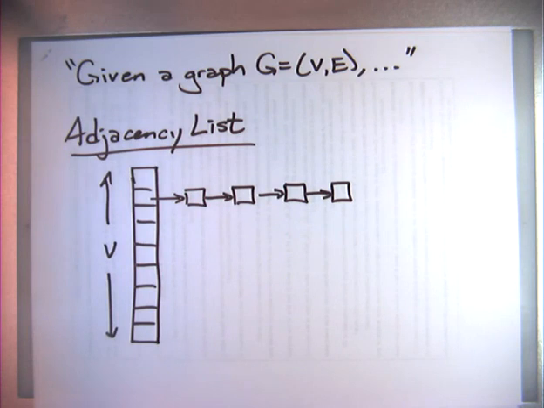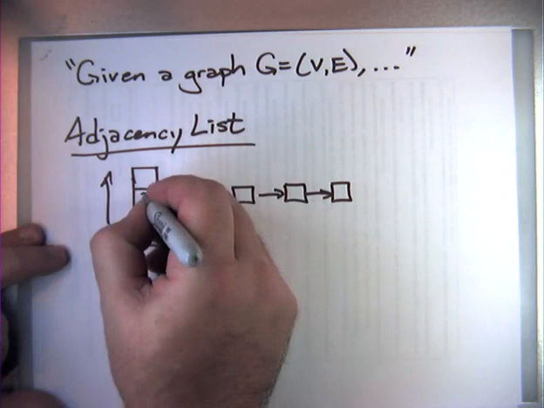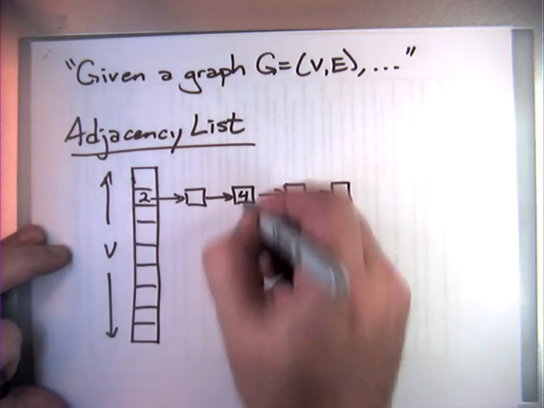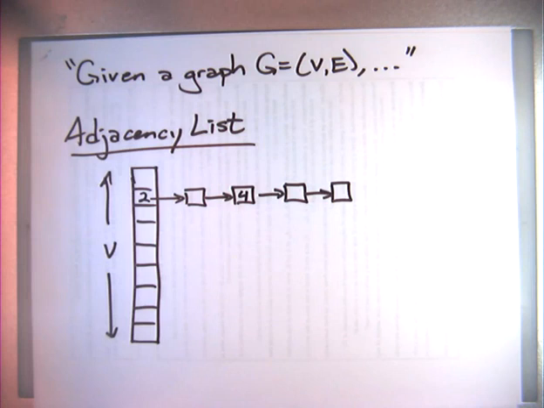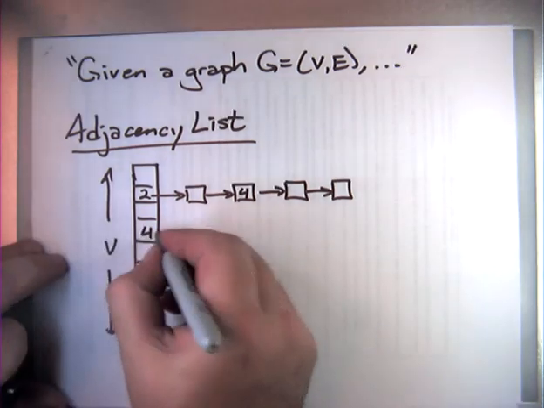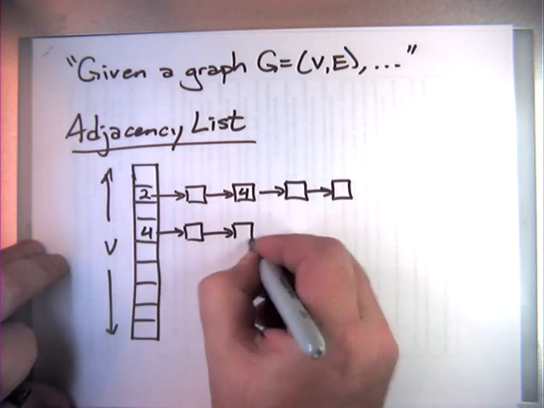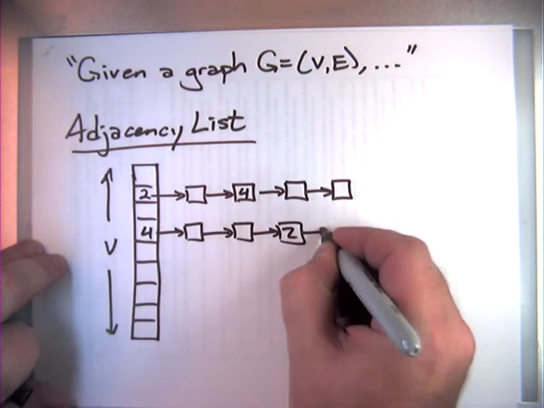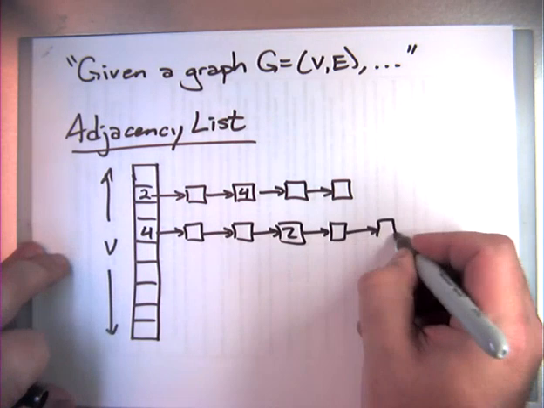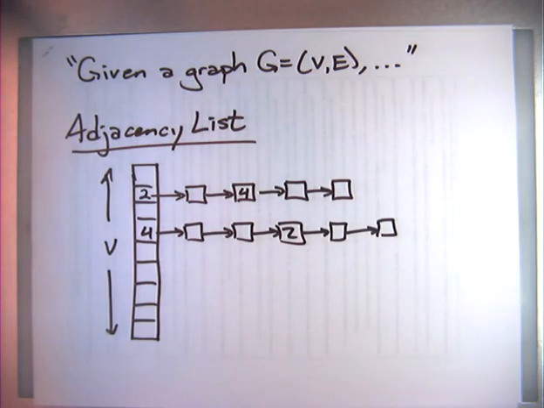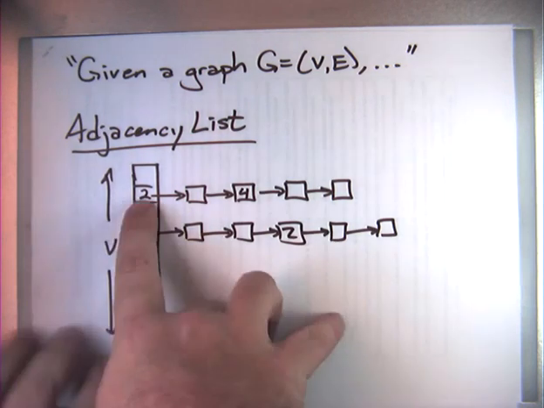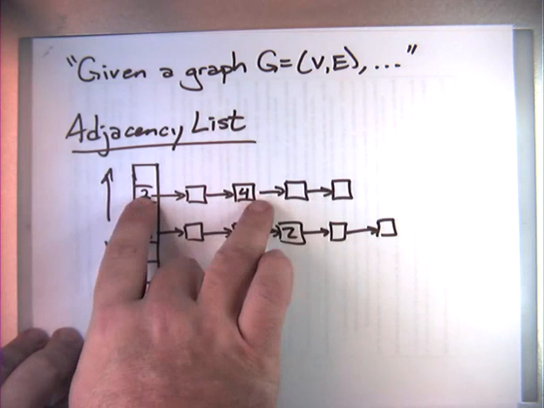And typically, if this is vertex 2 and there's an edge from vertex 2 to vertex 4, what I'll store in that edge record, in addition to the pointer out to the next edge, is the other end of that edge. Which means somewhere here in vertex 4 in this list, if this is an undirected graph, I will have an edge record labeled 2.